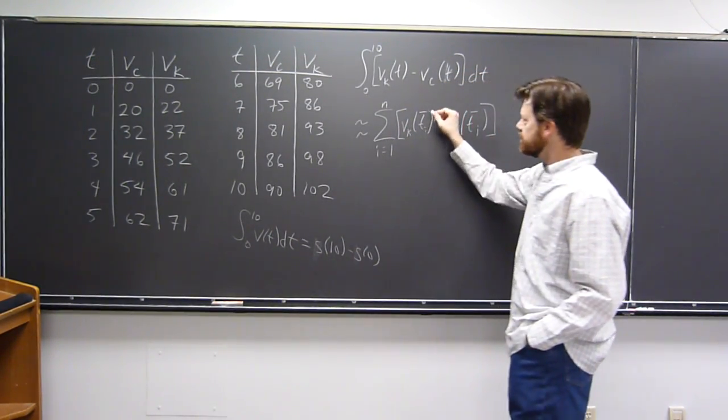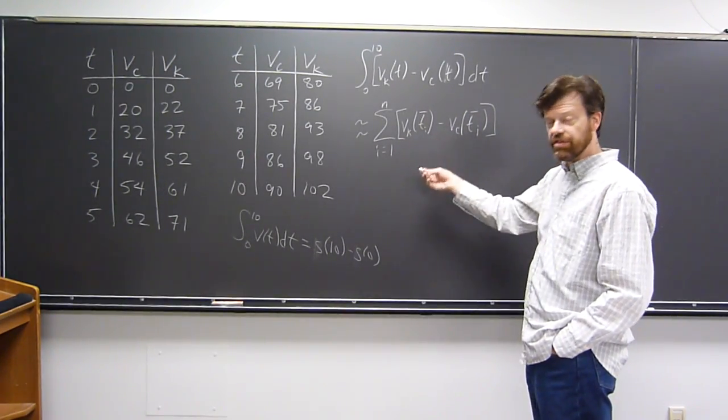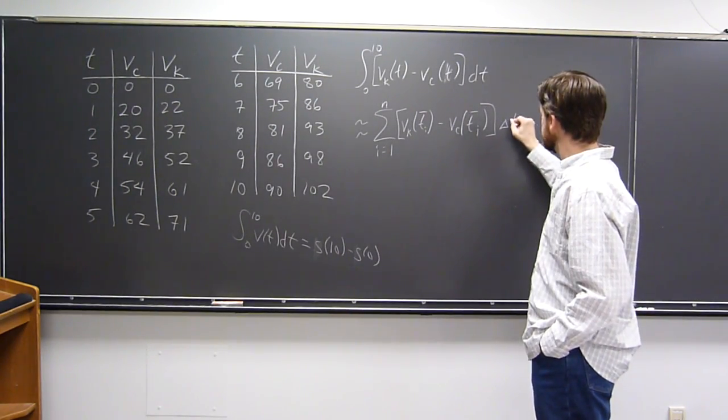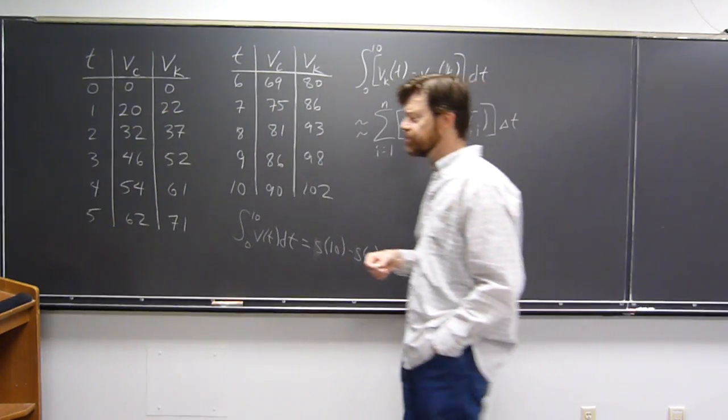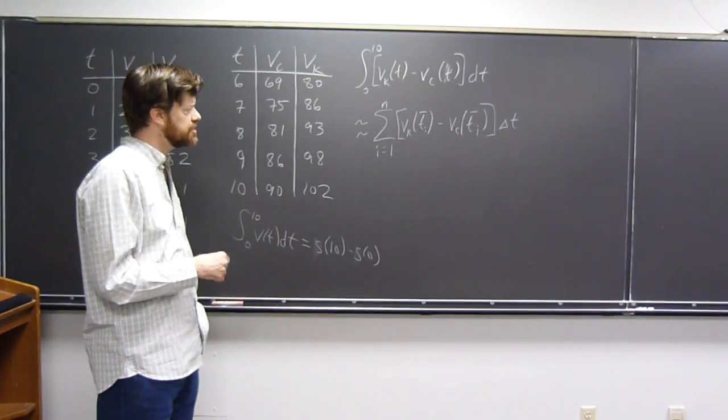That t sub i bar is our notation for the midpoint of the ith subinterval, times delta t, which is the width of our subintervals.